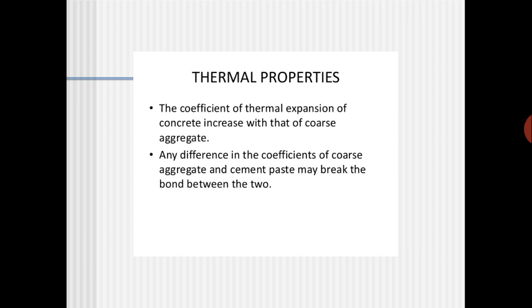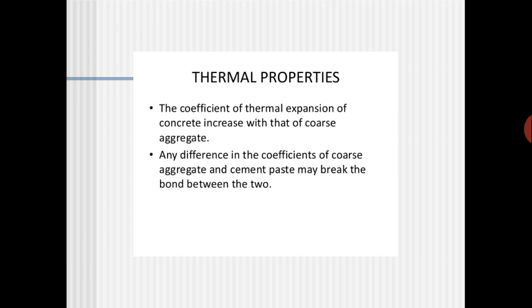So the coefficient of thermal expansion tells about how much expansion is going to happen by increasing the temperature on each of the building materials. Each of the building materials has a separate coefficient of thermal expansion.